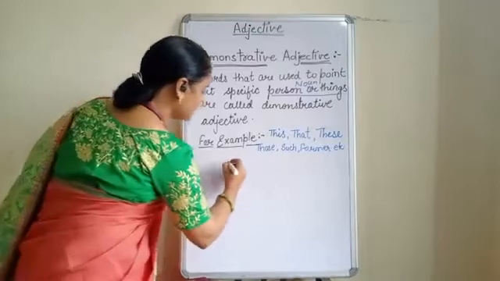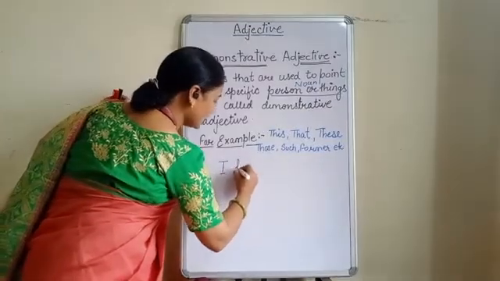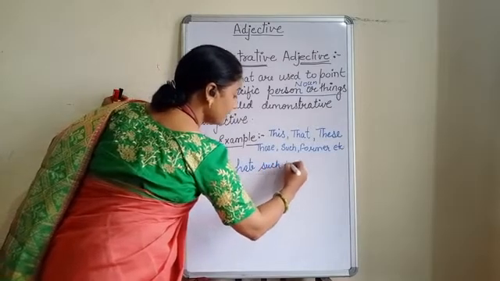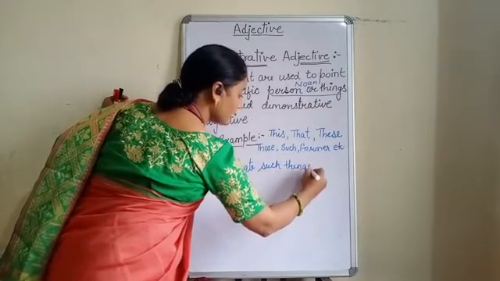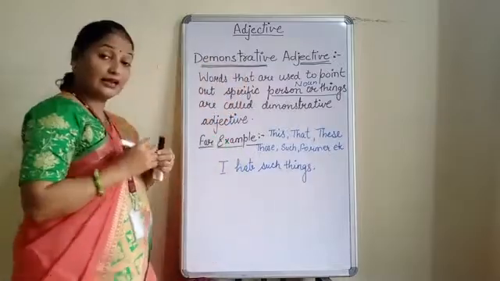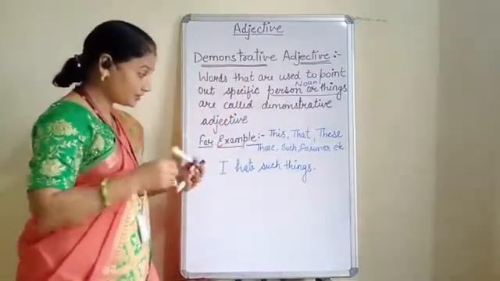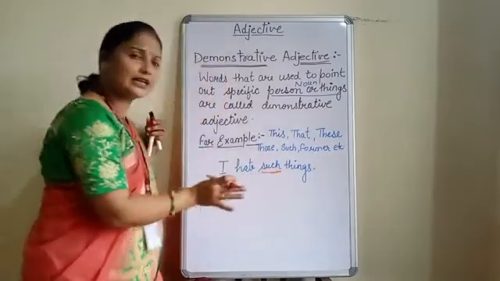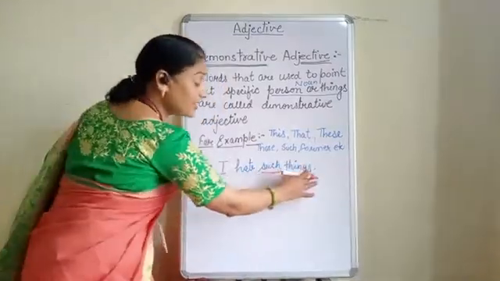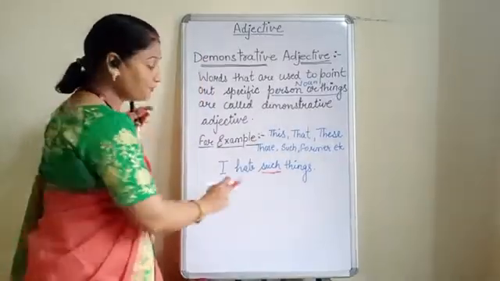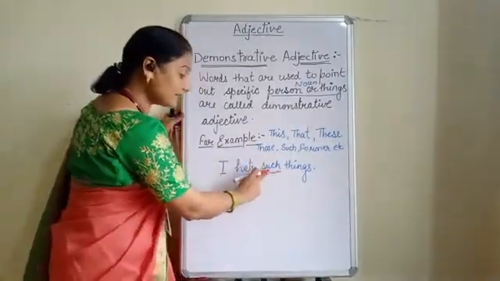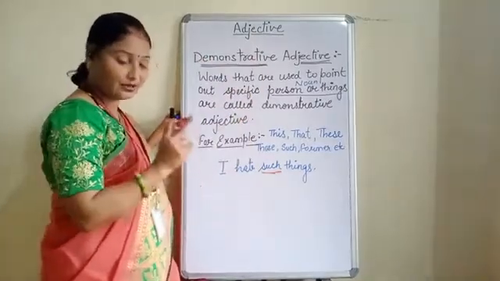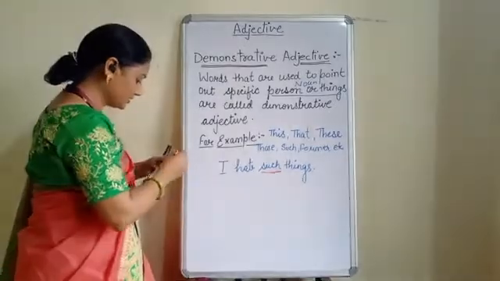Suppose if I write, I hate such things. Okay. Now see children, here the word such is automatically pointing out things. So we can say that this such is a demonstrative adjective. Clear? One more example, see.